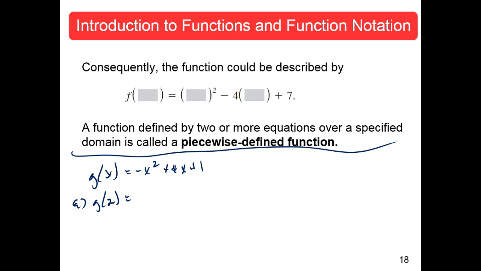What would you do? Minus 2 squared plus, say again, 4 times 2 plus 1. You can make fun of my writing. I understand. It hurts, but I can live with it.